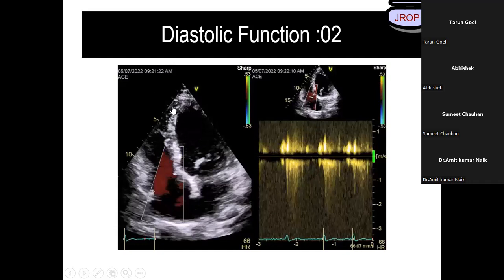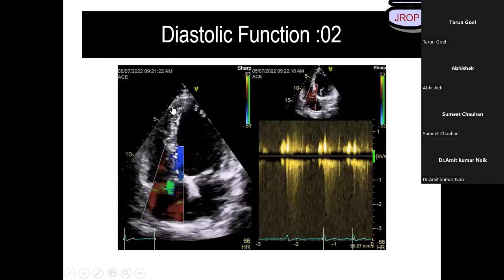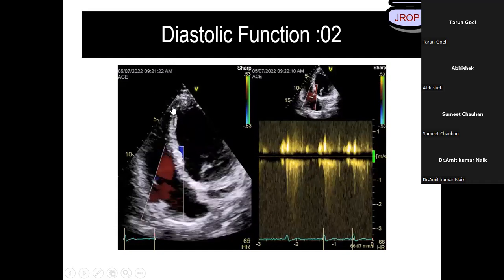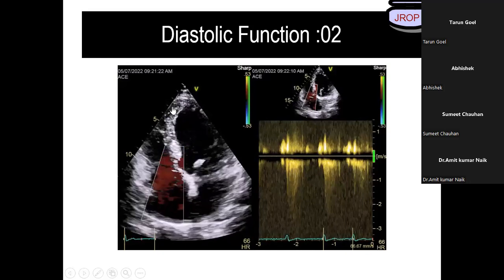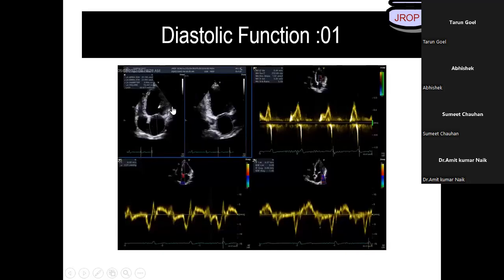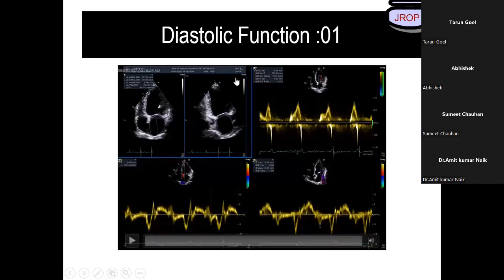Let's give this question to Dr. Amit. Amit, are you ready? Yes, sir. Velocity ratio is 0.53. E prime septal is 5. E prime lateral is 7.